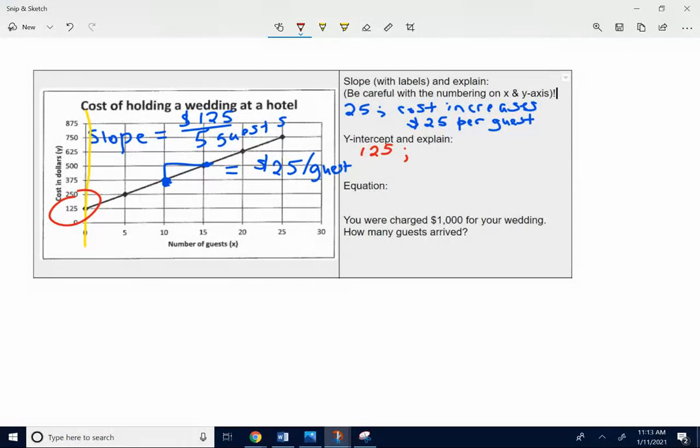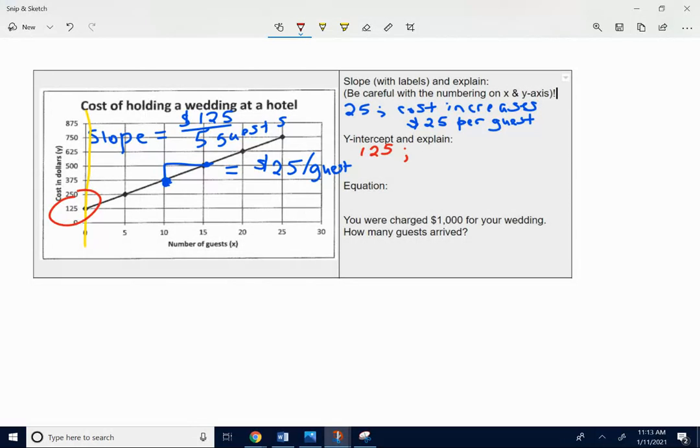In this case, it's a $125 charge for 0 guests. Of course, you wouldn't have a wedding with 0 guests, but that's what it means. If no one showed up at all, they would charge you $125.